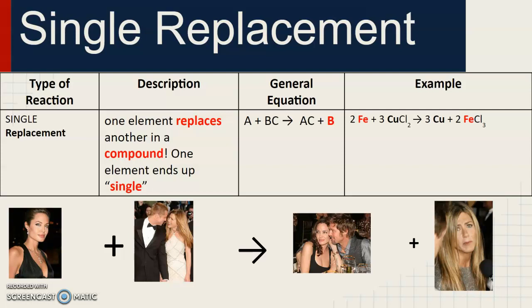So it was a single replacement. Angelina Jolie replaced Jennifer Aniston to marry Brad Pitt. Okay, so also, this is an old slideshow. Brad Pitt and Angelina Jolie are now divorced, but it's still a good representation of these chemical reactions.